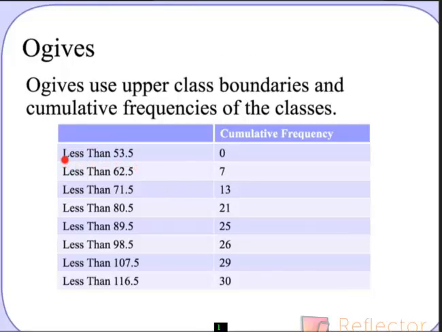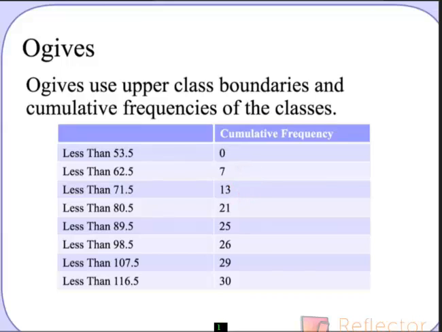Remember, the first line is always our smallest boundary, the 53.5, and our first cumulative frequency is always 0. And then we use all of the other class boundaries all the way up to our very largest class boundary. And we take our frequencies and we add them up.